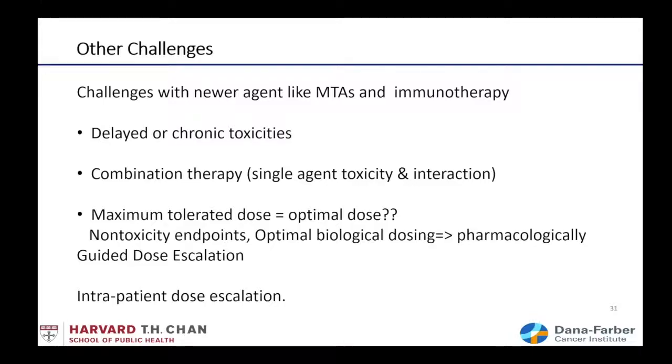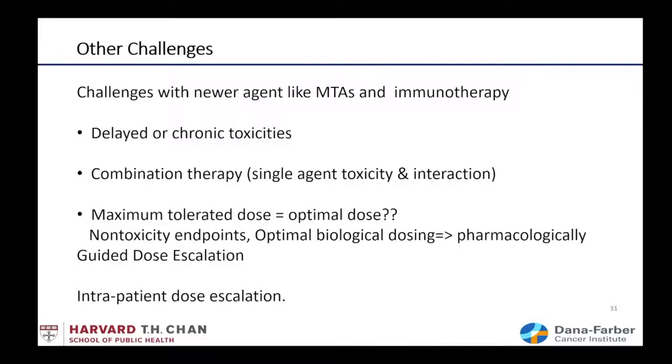And what about combination therapy, right? You know the single-agent toxicity curves. How do you model the interaction between the two agents? And the last one is what if DLT is not the appropriate endpoint for phase 1?